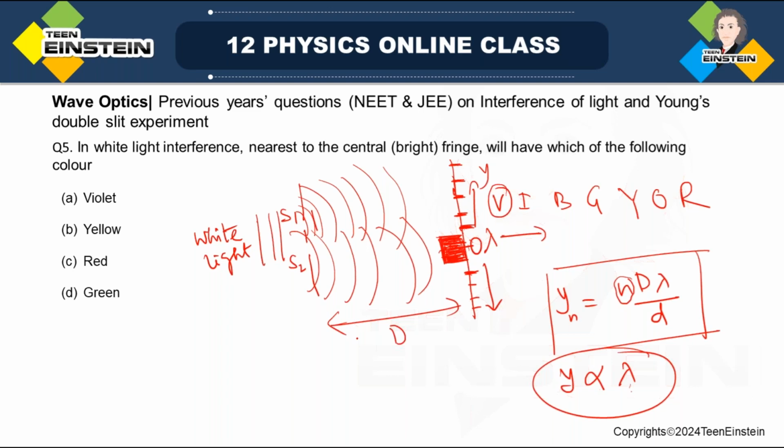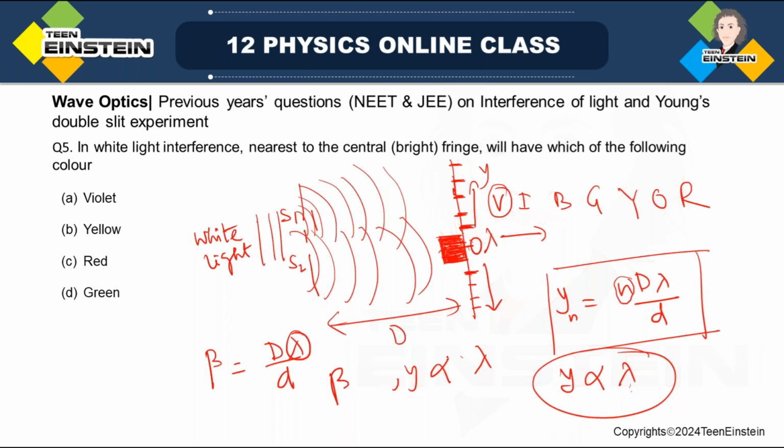Sometimes you may be asked to find which color will have the least fringe width. Fringe width is also D lambda by d, so here also it is directly proportional. So beta as well as y, the position, are directly proportional to lambda only, because other things are not changing for different colors of the light.